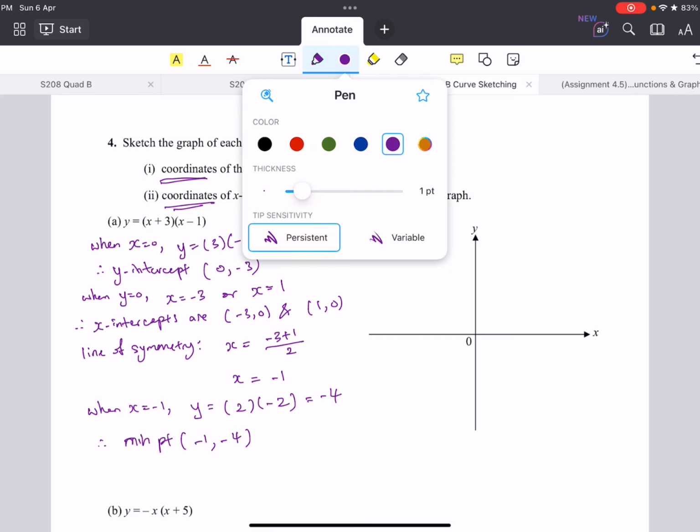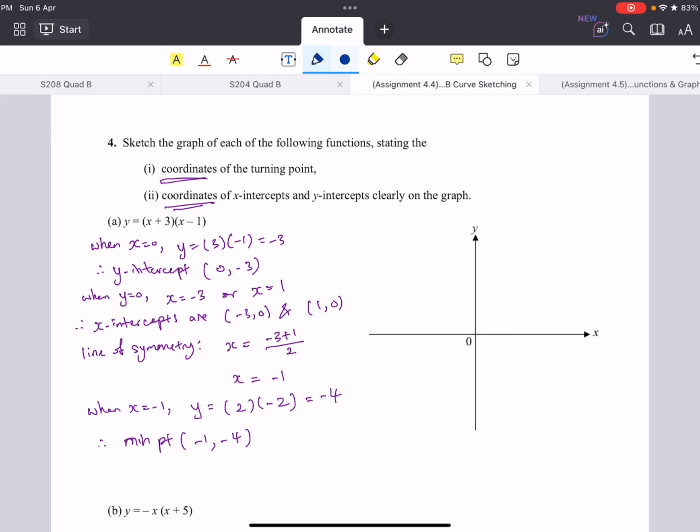Let me just change the color of my pen so that it's clear, right? We know that the minimum point is somewhere in the third quadrant, because negative x value, negative y value. And we know the y-intercept is negative. So the graph will look something like this, right? And then let's mark out all the points that we know.